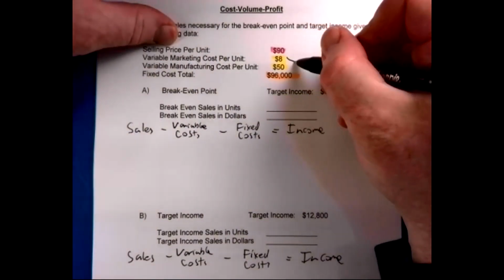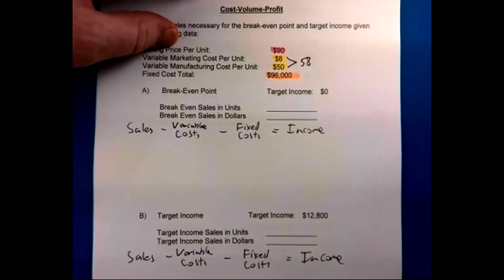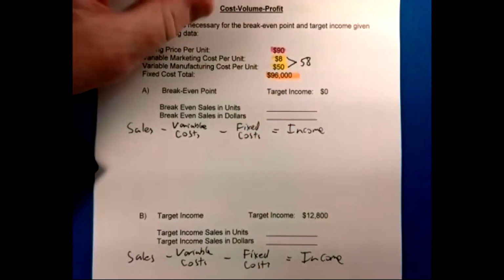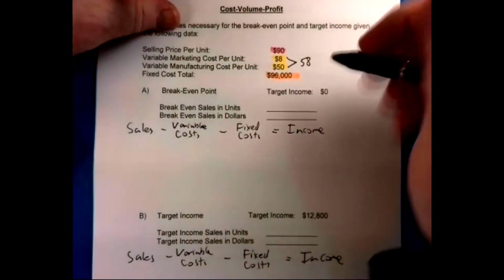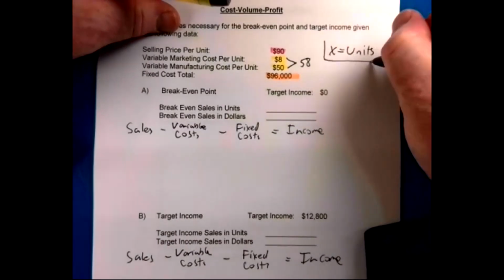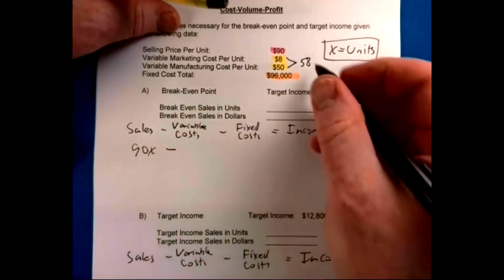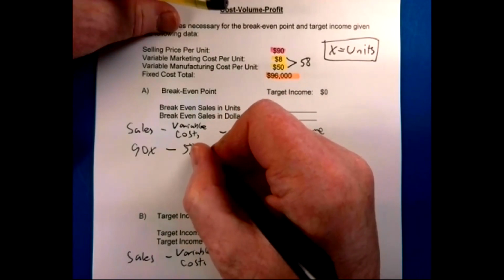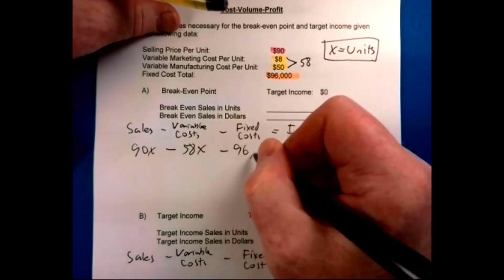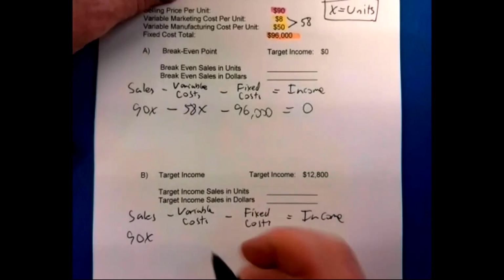Up here, combining those would be a good idea. And down here, everything's exactly the same. 90x.